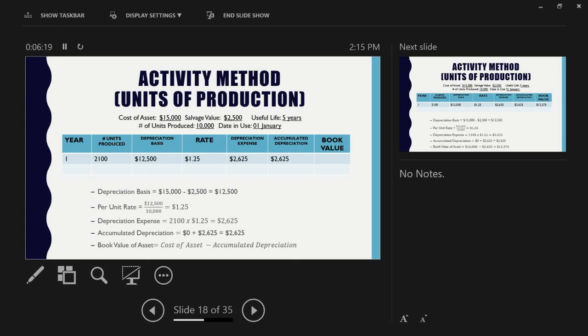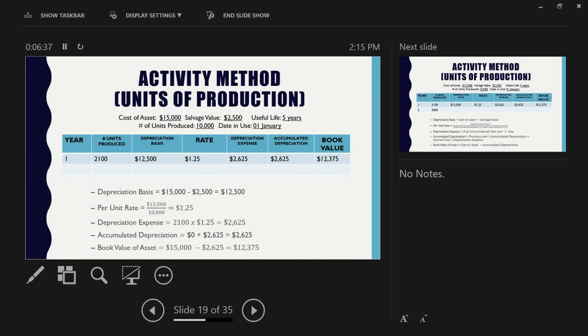Okay? How do you solve for book value? What is the formula for book value? The cost of the asset minus accumulated depreciation, so 15,000 minus 2625, and we should get a total of 12,375.